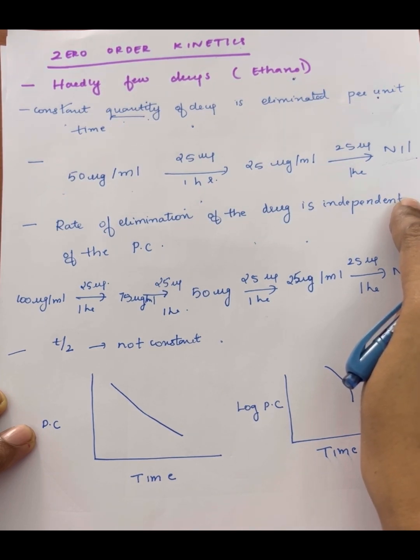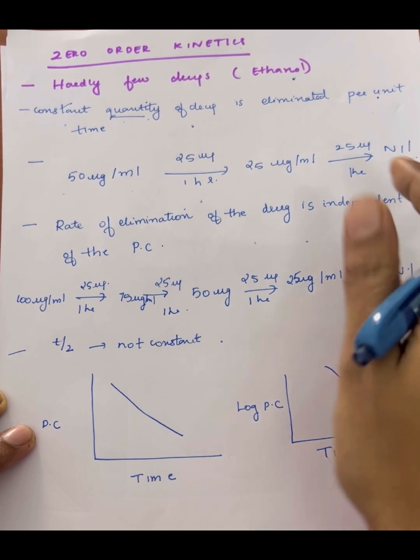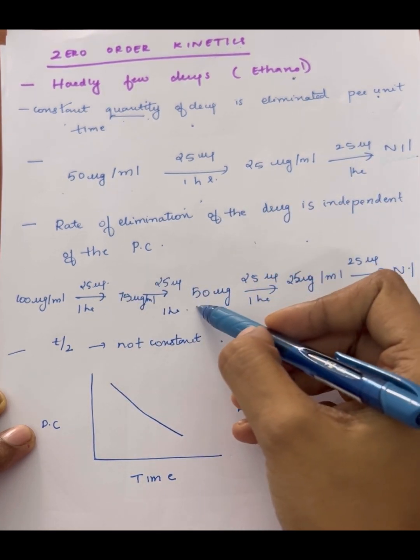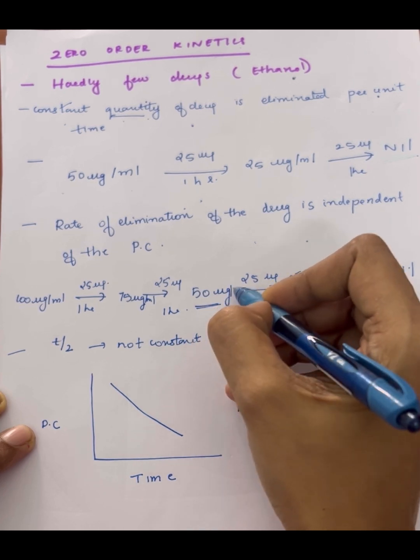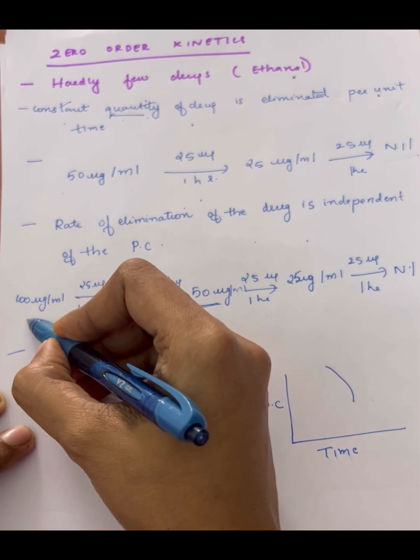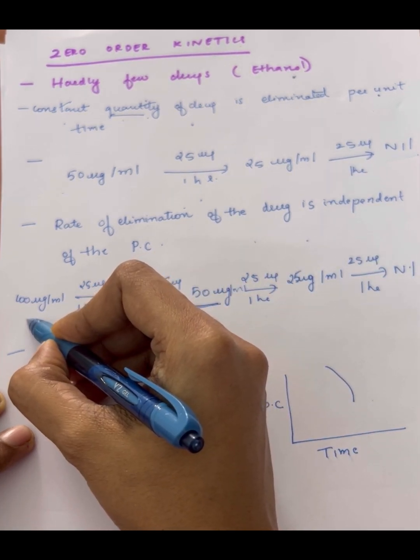Now, this means that the rate of elimination is proceeding at a fixed rate independent of the plasma concentration of the drug. In other words, if you increase the dose of the drug, so initially it was 50 microgram per ml, now we are increasing to 100 microgram per ml, it does not result in a proportionate rise in extent of elimination.